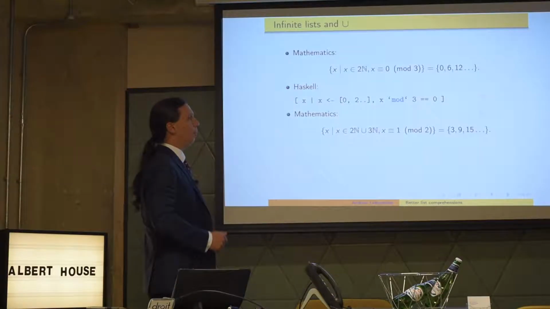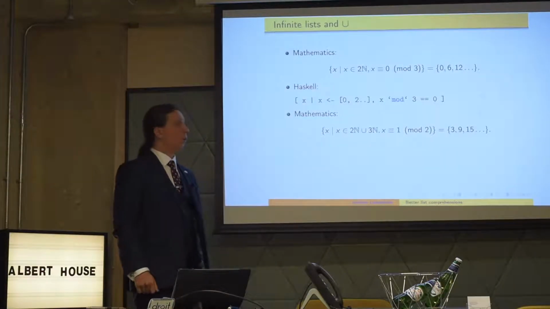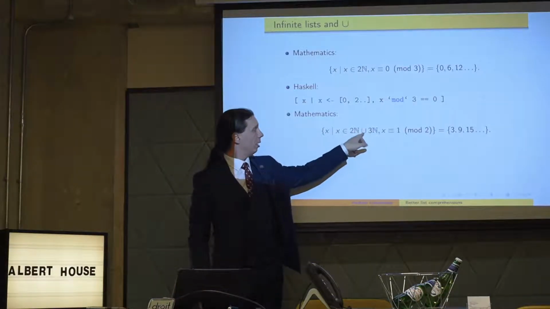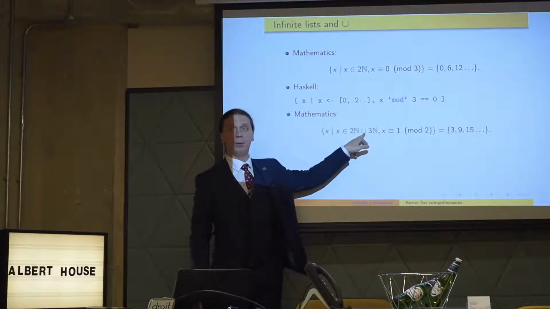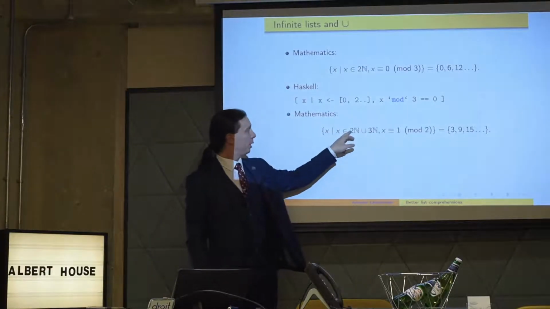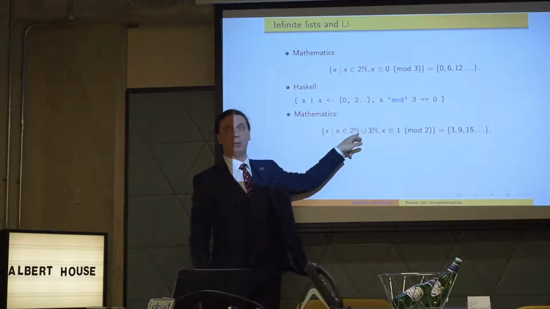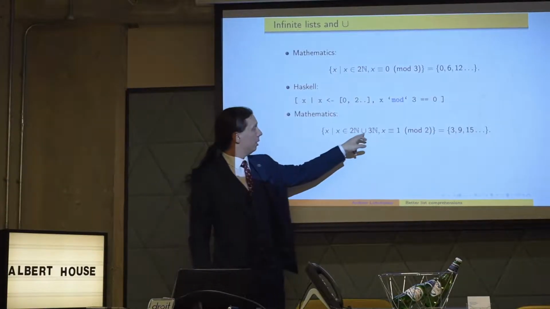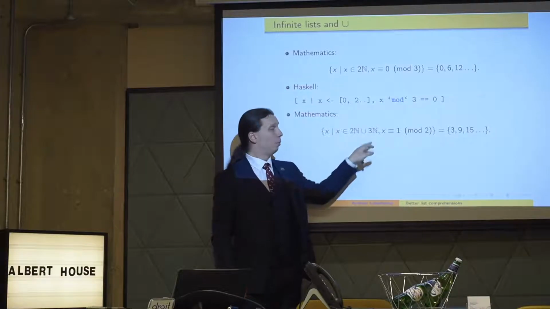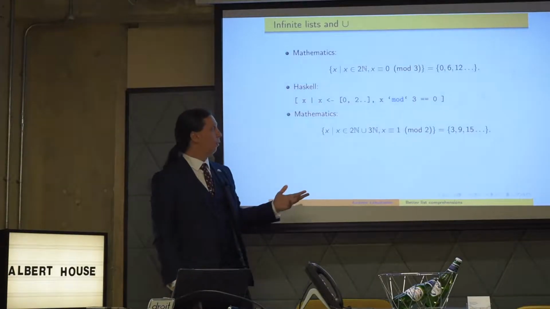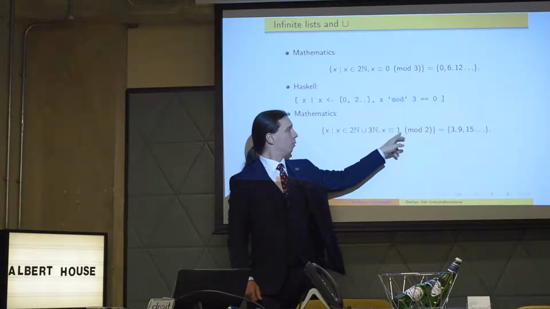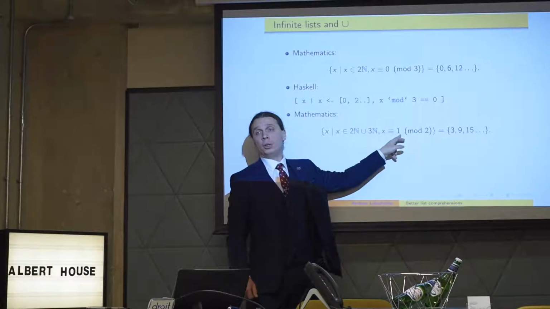We describe a set which is a union, easy to remember like a U, of a set of numbers which are divisible by 2 and a set of numbers divisible by 3, and our filter condition is that we are looking for odd numbers.